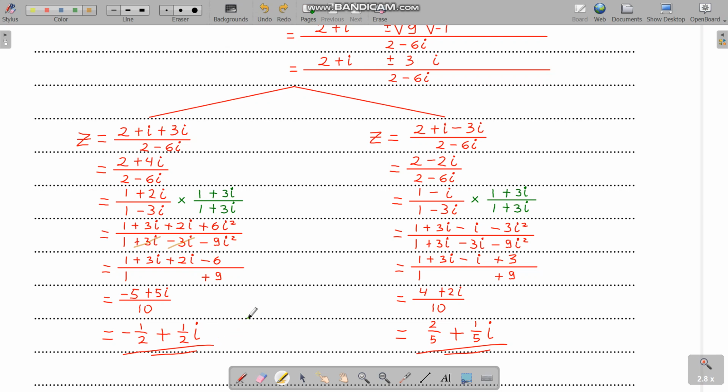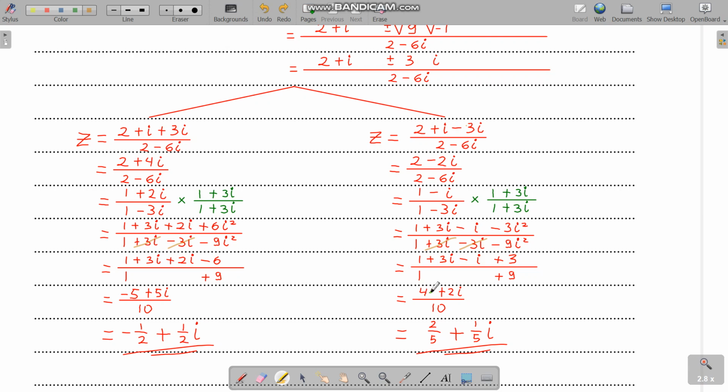And for the other root, well, we simplify. This is minus 2i. We divide everything by 2. So we multiply by the same conjugate, complex conjugate, and then we simplify and we expand everything. 1 times minus i times, remember we can cancel out the denominator here, and i squared is minus 1, so this is plus 3, this is plus 9, and in the end there's nothing to cancel out actually.